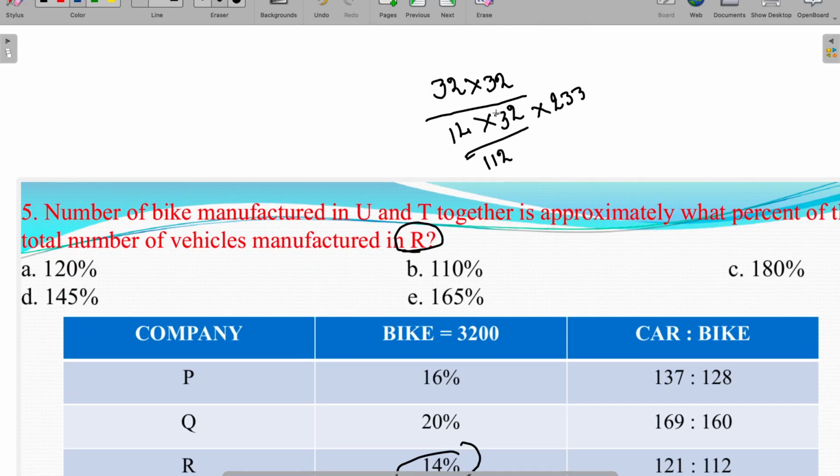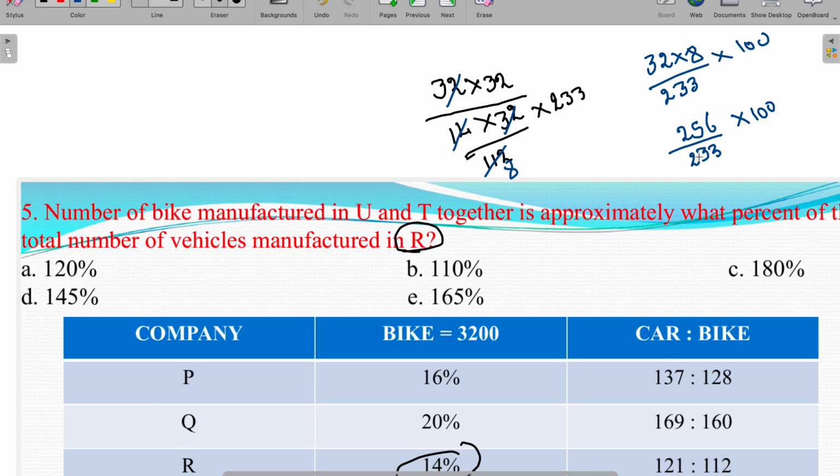14 ones are 14, eights are, again 8, 32 and 32 get cancelled anyway. Then 32 into 8 divided by 233, to convert any fraction to percentage, multiply by 100. 256, 240 plus 16, 256 divided by 233 into 100, more than 100 percent.